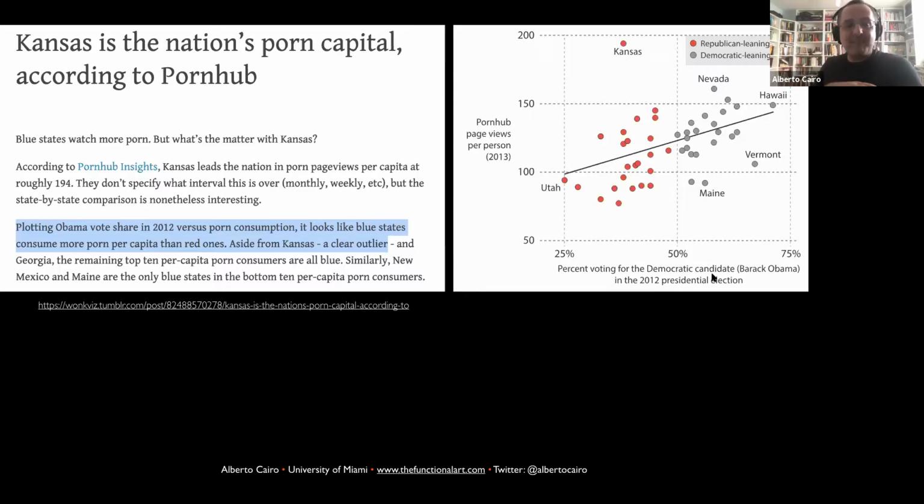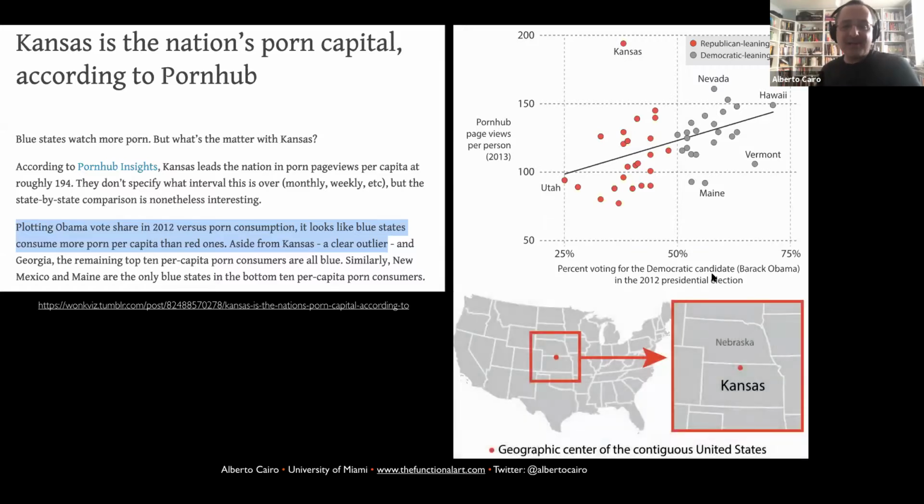But at the time, apparently, if the position of a person was impossible to detect, the data collection process defaulted it to the center of the continental United States, which is very close to the boundary between Kansas and Nebraska, in a completely empty area. And that's the reason why so many people appear to be consuming a lot of porn from Pornhub in Kansas. It was just a glitch in the data.